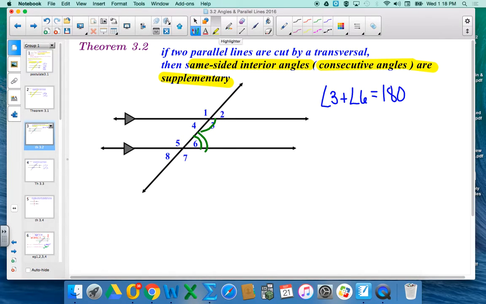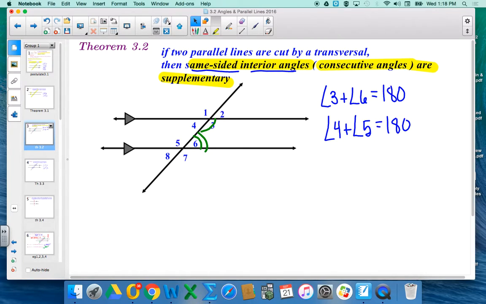Another pair might be angle 4 and angle 5. Those are on the same side of the transversal on the inside of the parallel lines. So if they're same-sided interior angles, they're supplementary.